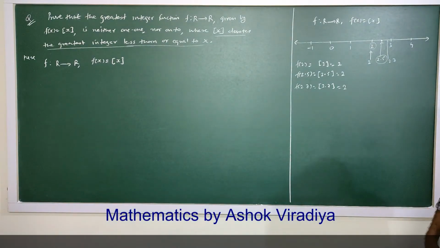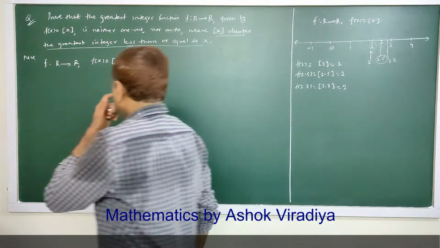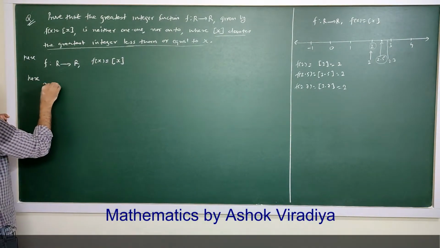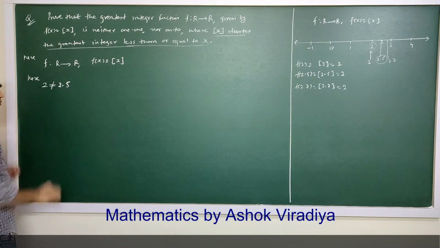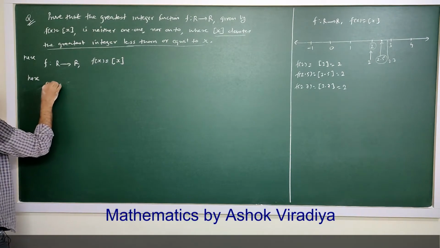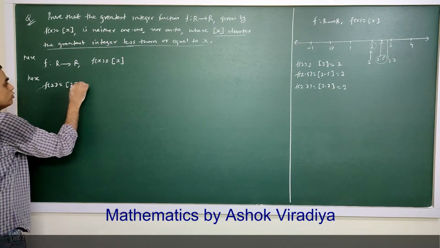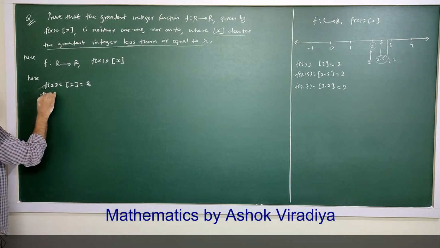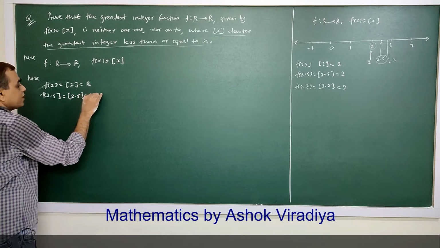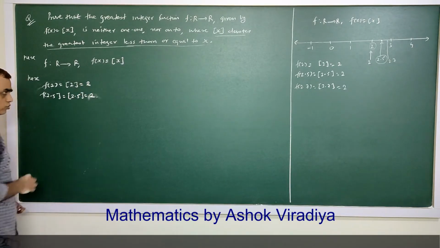So here you can see, it is clear 2 is not equal to 2.5, but f of 2 is equal to 2. f of 2.5, the box value of 2.5, is also 2.